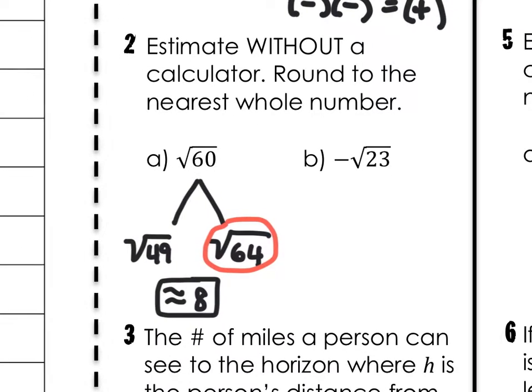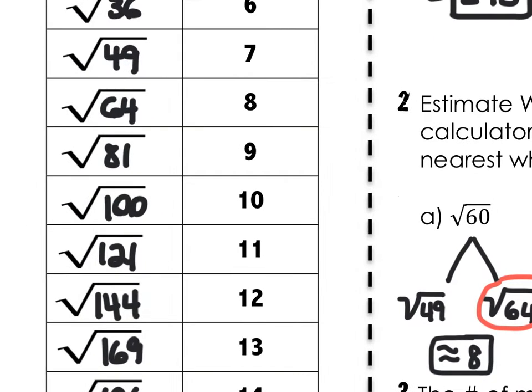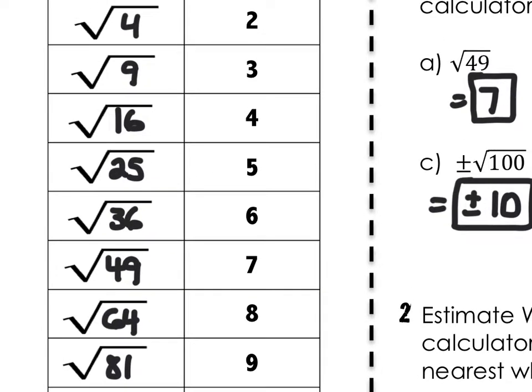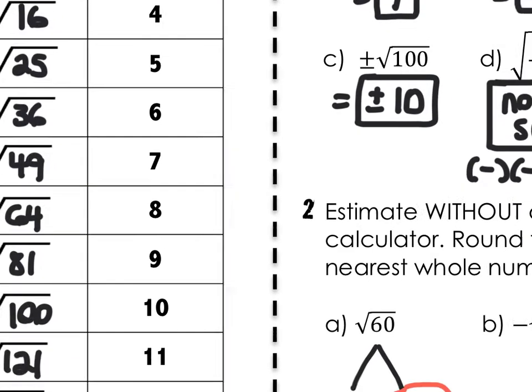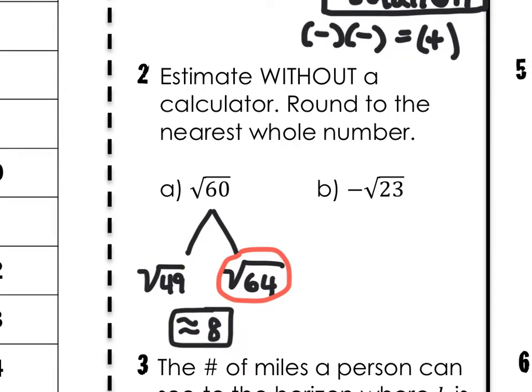Okay, so then for 2b, it says the negative of radical 23. So we're going to go ahead and again look at this chart here. 23 itself, without the negative sign, is in between 16 and 25. Okay, so 16 and 25, except they're negatives. So what we're going to do is we're going to put negative radical 25 on the left and then negative radical 16 on the right.